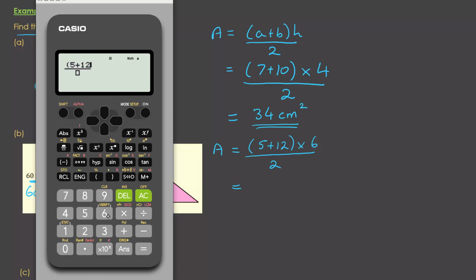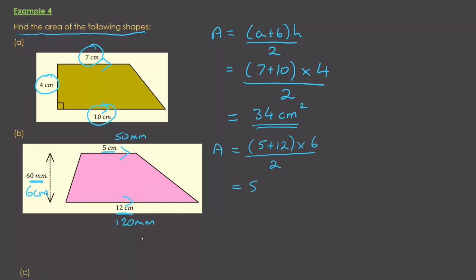Five add 12 times 6 divided by 2 is 51 square centimeters.